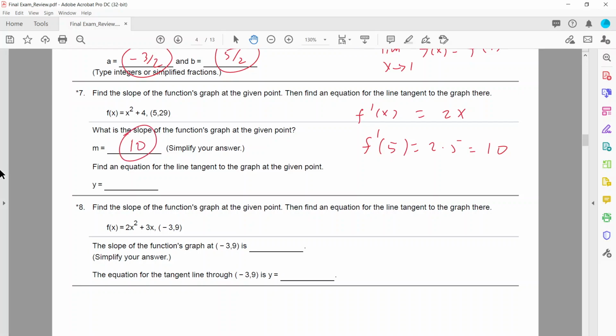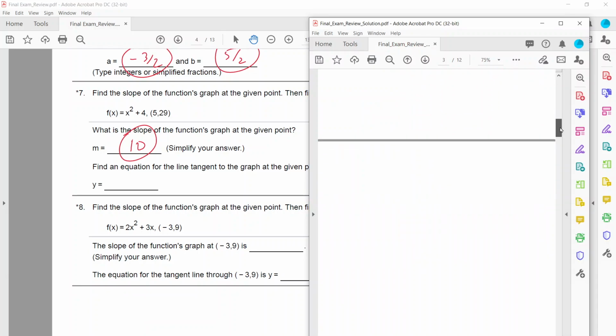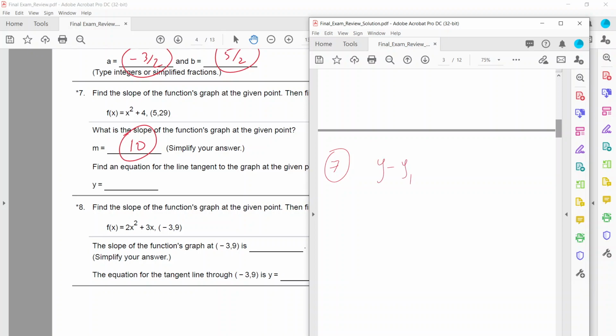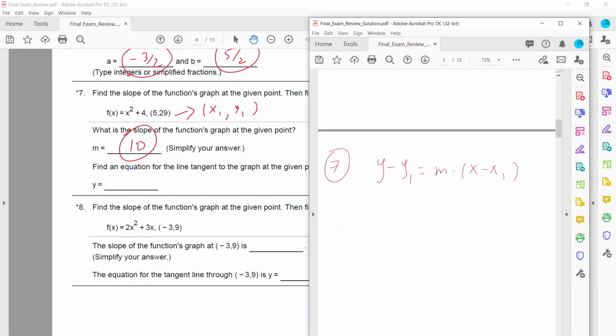Now, to find the equation of the tangent line, you have y minus y1 equal m times x minus x1. This is the equation of the tangent line. Here x1 and y1 is 5 comma 29, and the slope is already found, that is 10. So y minus 29 equal 10 times x minus 5.